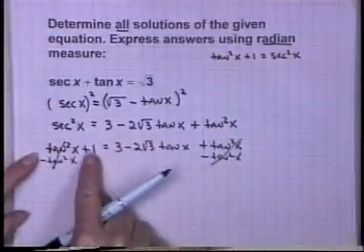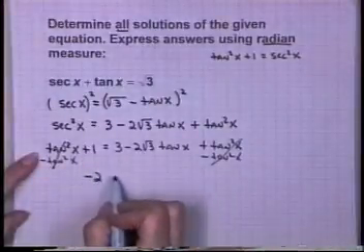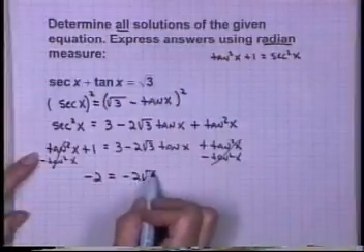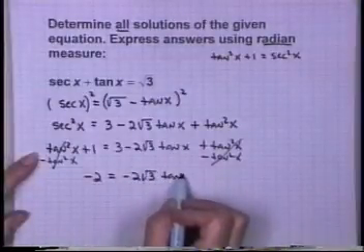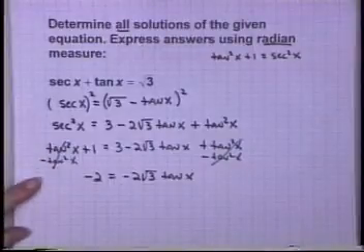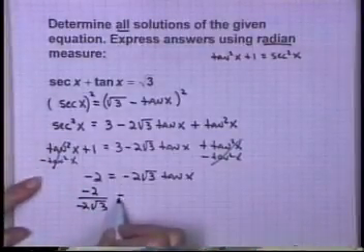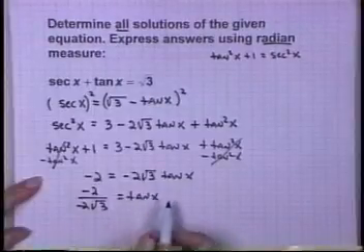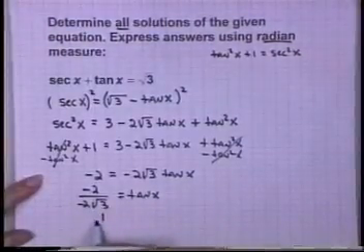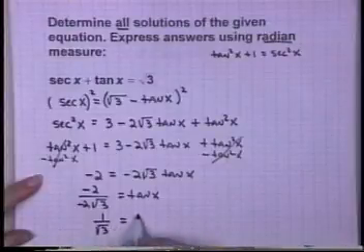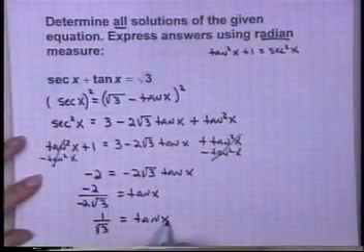Okay, so I'm going to subtract this 3 then, and I get a negative 2 equals negative 2 square root 3 times tangent x. And then dividing by negative 2 square root 3 to get tangent x. This will simplify to a positive 1 over the square root of 3 for tangent x.